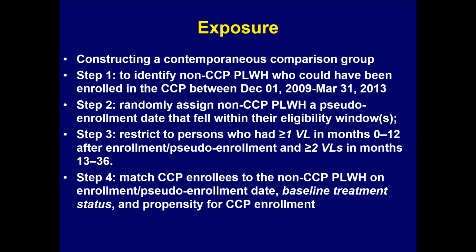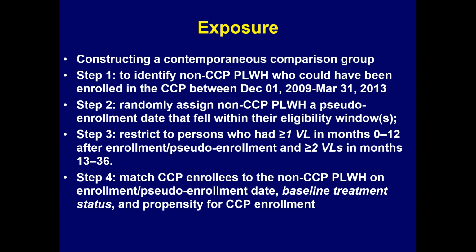By applying this criteria, we require a minimum number of viral loads as a proxy for ongoing receipt of NYC HIV medical care, to prevent the potential of differential out-migration.